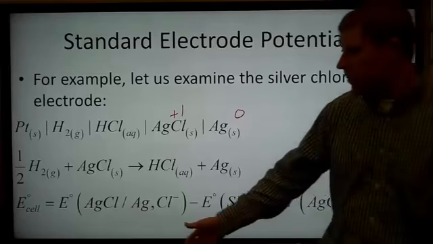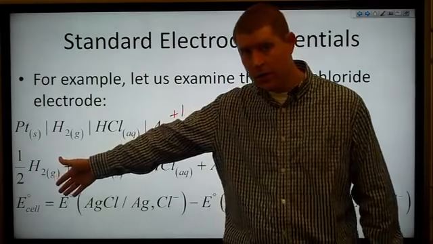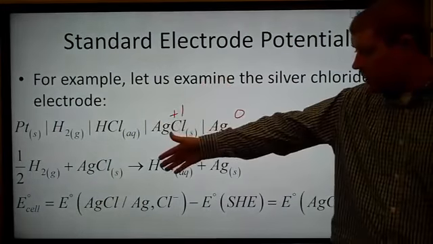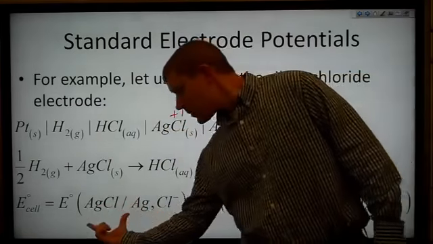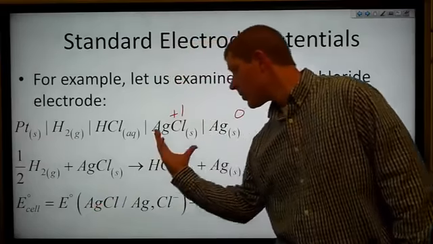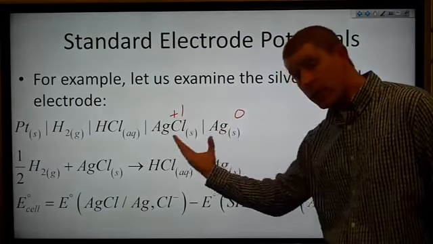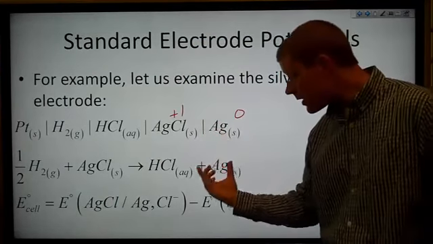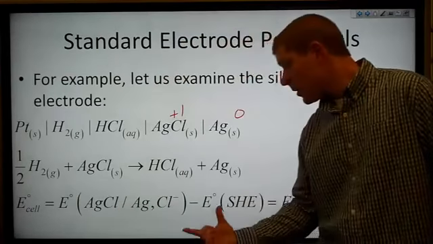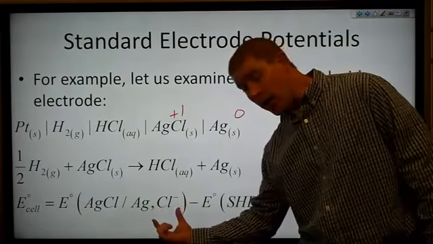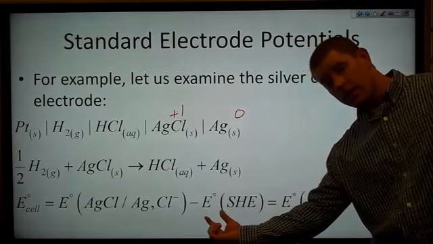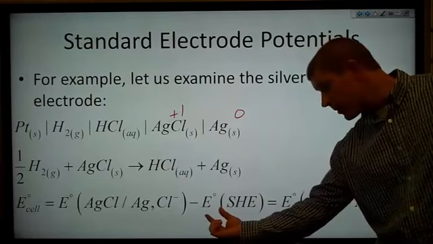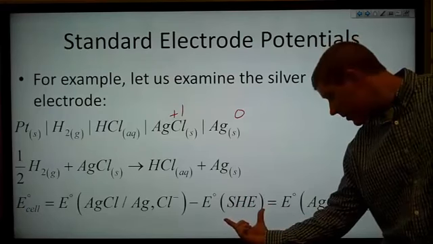In this case, we can say that the E cell naught is equal to E naught of this reaction, the right side, the reduction side here. So we have silver chloride reacting to give us silver and chloride ions, minus the standard cell potential, E naught, of the standard hydrogen electrode.